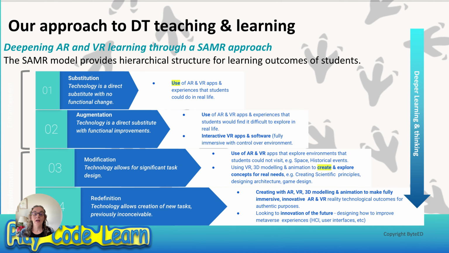When we're looking at starting out as teachers using digital tools in the classroom, predominantly we will start out by just substituting. So an example of this would be if you're getting your students to design and create a poster presentation, where they're actually showcasing information they've found out about a theme or a context.